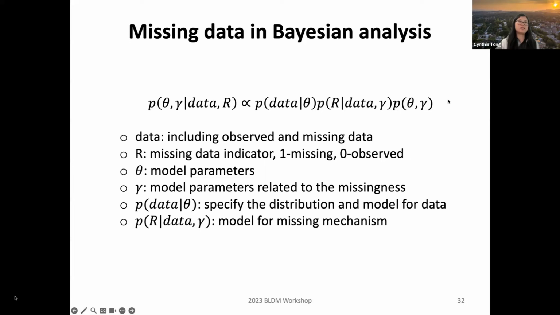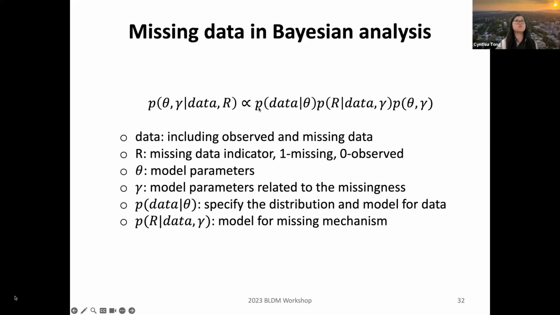And this is really just based on Bayes' theorem. Again, theta represents all the model parameters, and gamma represents model parameters related to the missingness. Data is just our data, observed and unobserved. R is the missing data indicator. This sign means proportional.